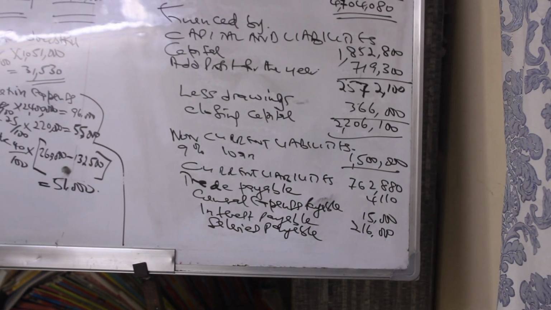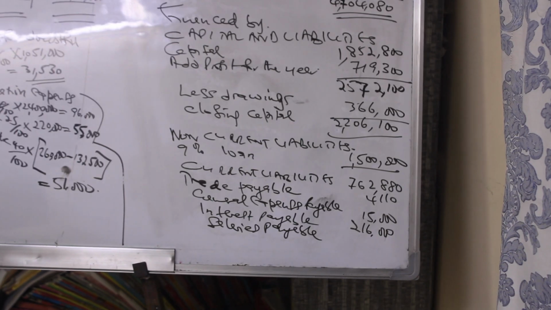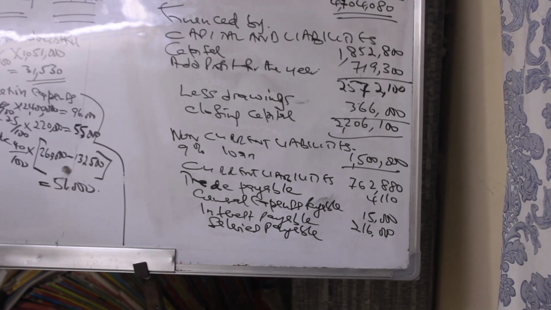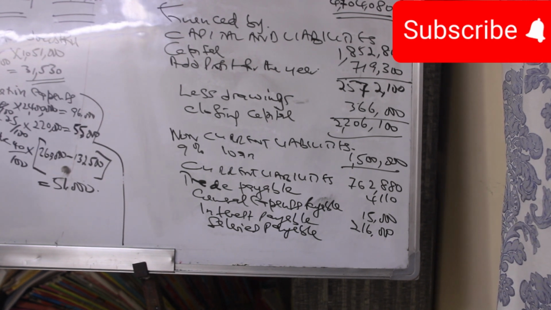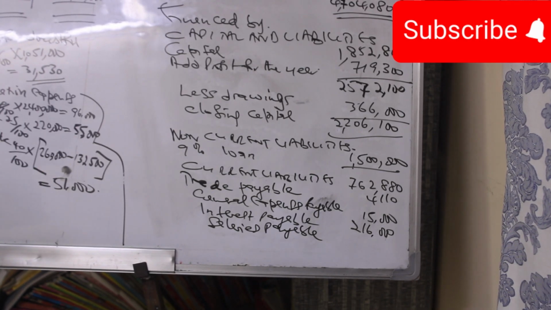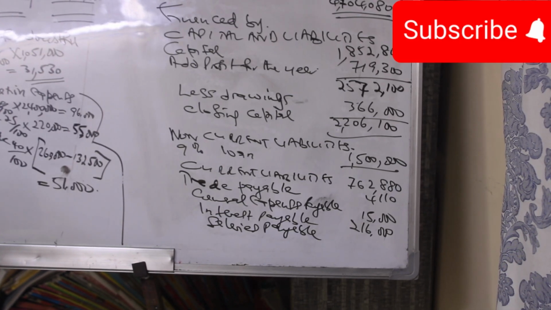So if we are to add the four, we get 762,880 plus 216,000 plus 15,000 plus 4110. We get a figure of 997. Let me do it again. 762,880 plus 4110 plus 15,000 plus 216,000.